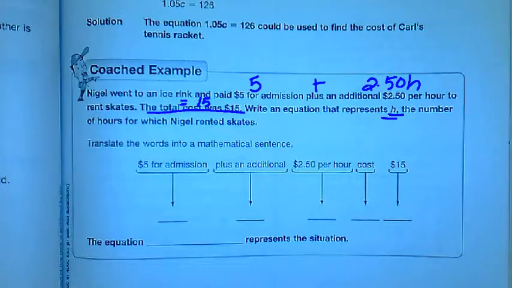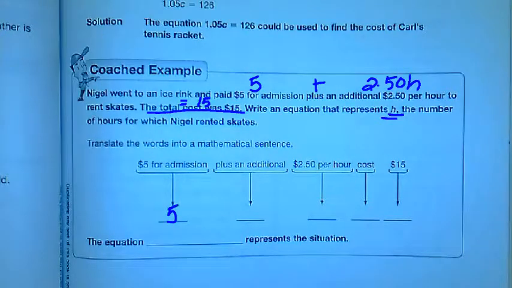Let's rewrite this. I've kind of broken it down for you already, but this makes it even easier. Nothing is being added to the 5, so if I translate this, this is just $5.